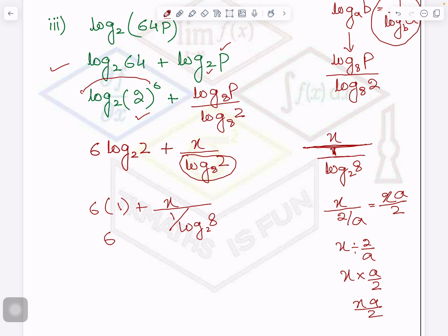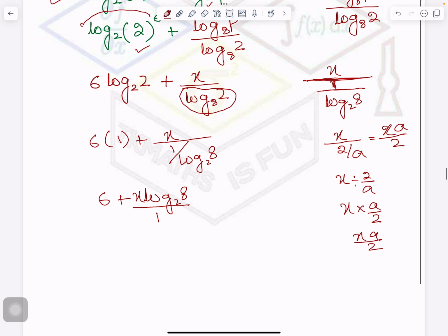So it will become log 8 base 2 times X over 1. Right, I am applying this concept. I hope you understand. So it will become 6 plus X log 2 power 3 base 2.